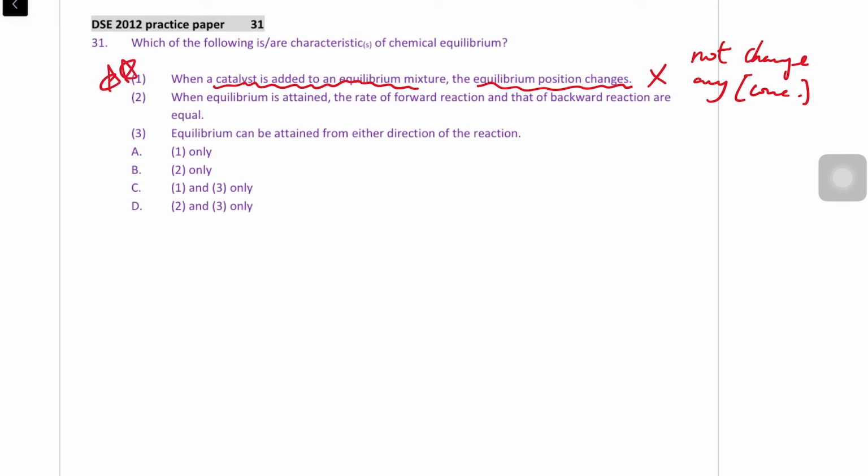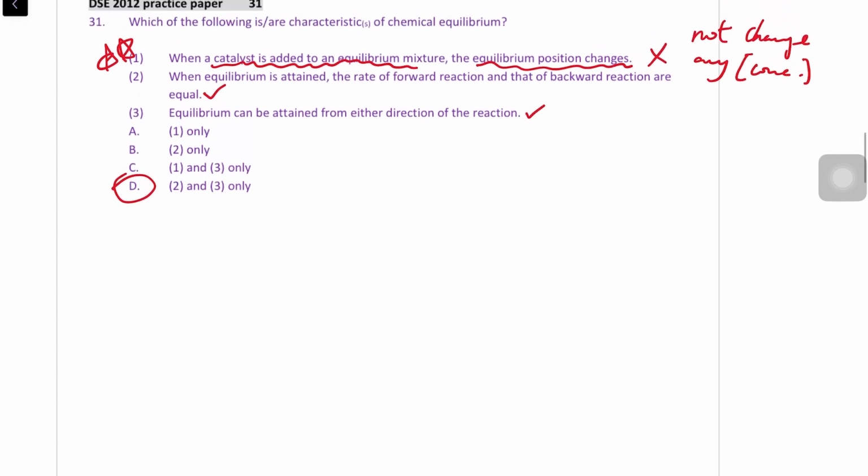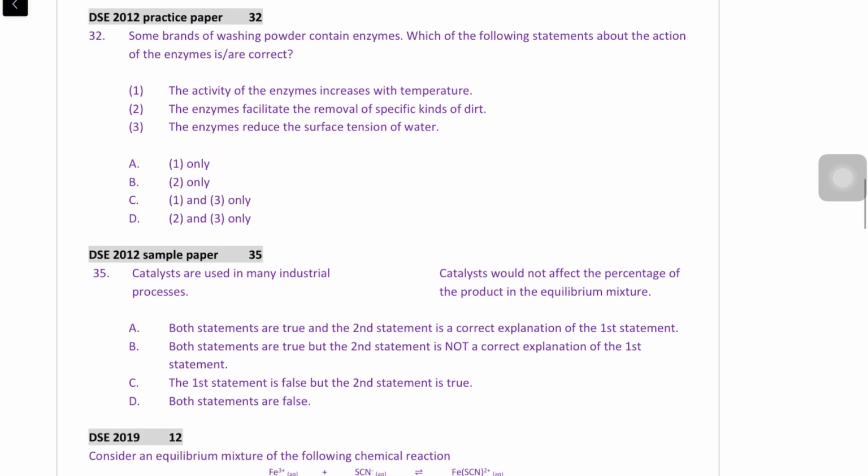This is important, so please pay attention. Second, when equilibrium is attained, both reaction rates are equal. This is correct, very simple. 3, equilibrium can be attained from either direction, of course. So D is the answer, because product can turn to reactant, so the equilibrium can be achieved in both directions.